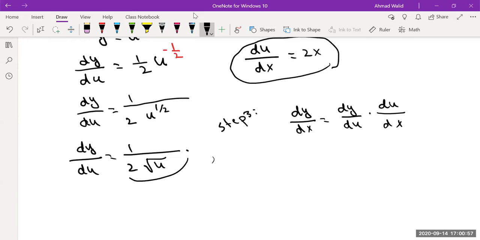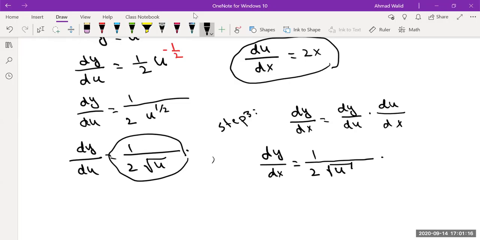I have dy over du. Let's plug in these two values in our formula. Then I can say dy over dx equals dy du. Your dy du is 1 over 2 square root of u times du dx is 2x.